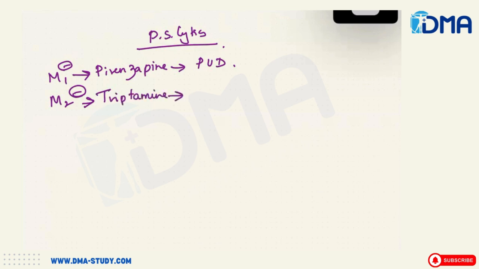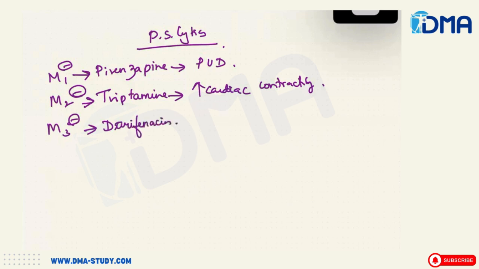It is used for increasing the cardiac contractility. M3 blocker will be darifenacin. This darifenacin is used to treat overactive bladder and irritable bowel syndrome.